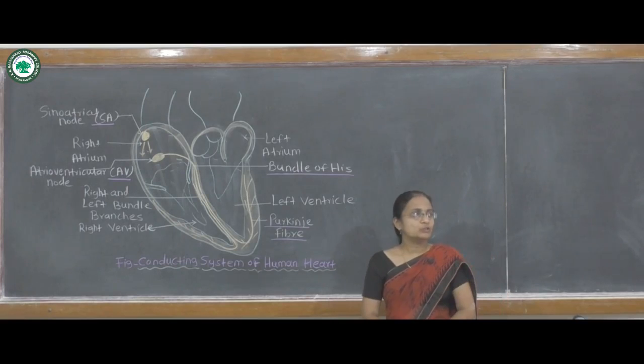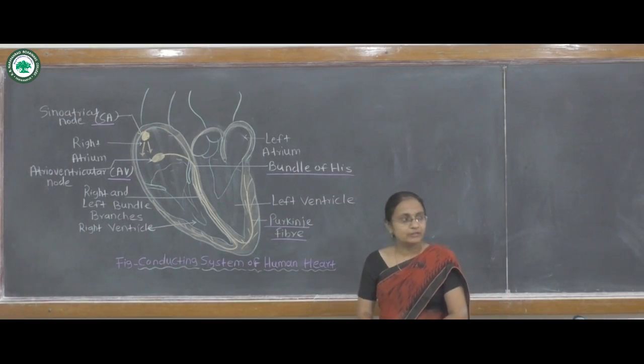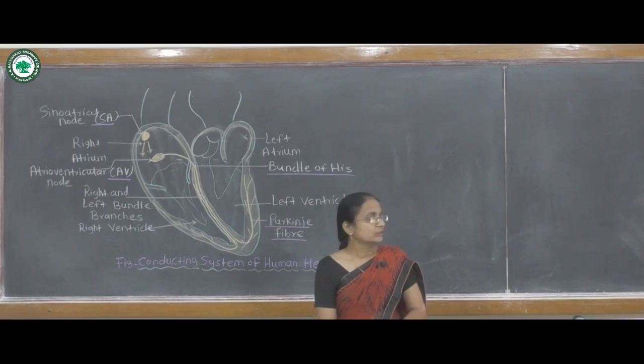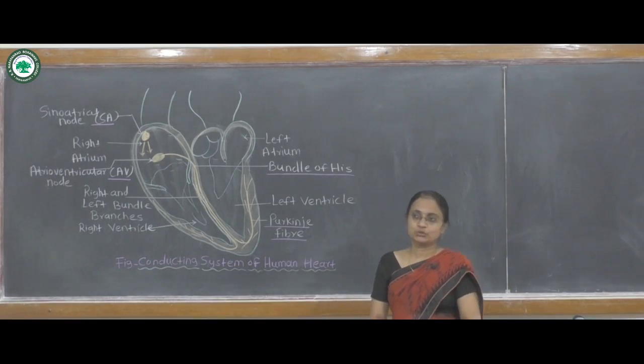In the walls of the heart, different types of tissues are present. We have seen the walls of the heart: the epicardium, endocardium and myocardium. They are made up of different tissues.